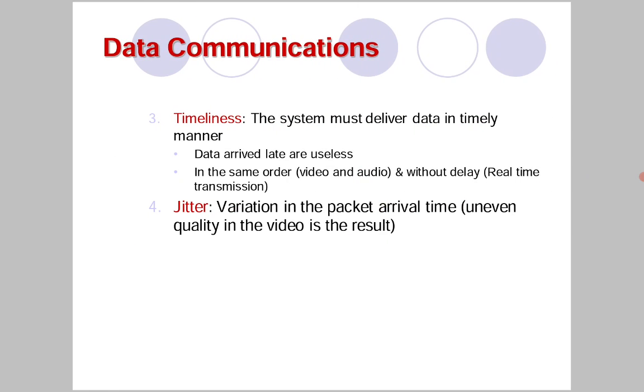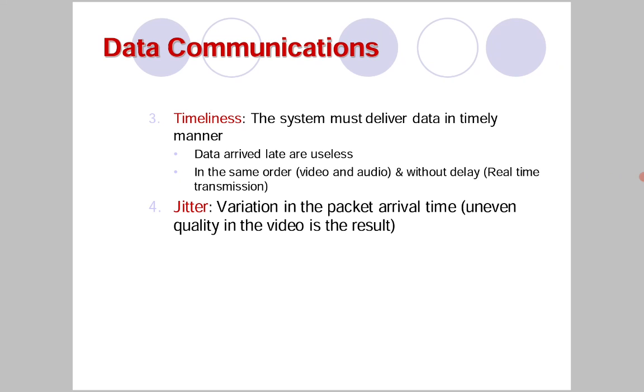Third one is timeliness. What is timeliness? The system must deliver data in a timely manner, meaning the data should be delivered in the given time only, without any delay or gaps while sending data from sender to receiver. Data that arrives late is useless.